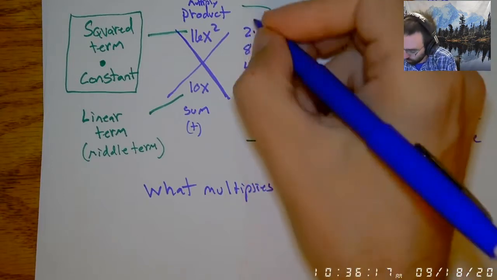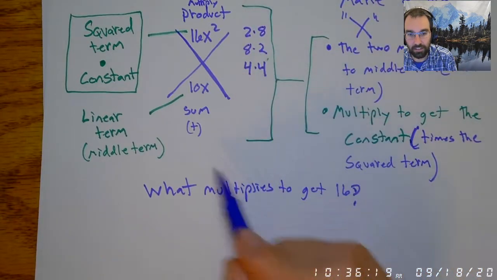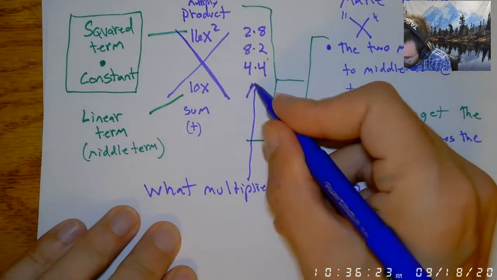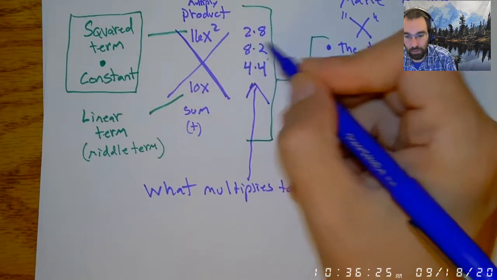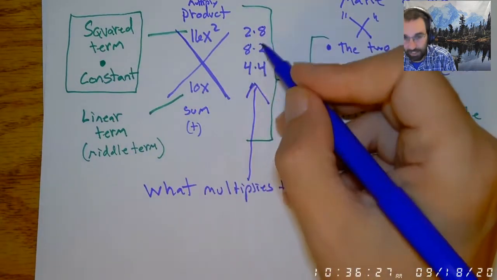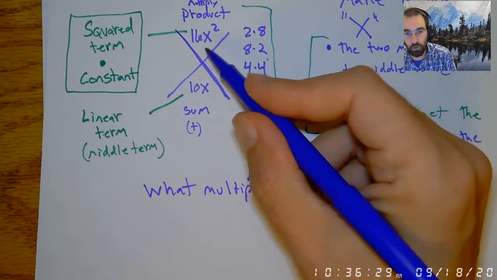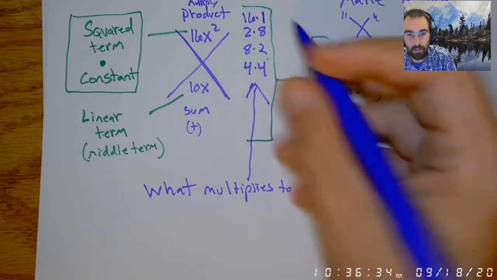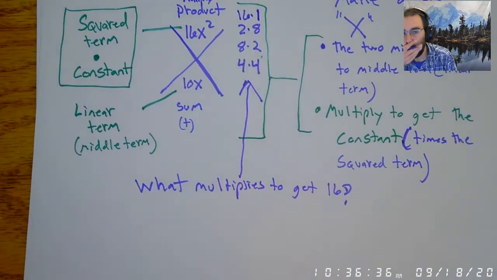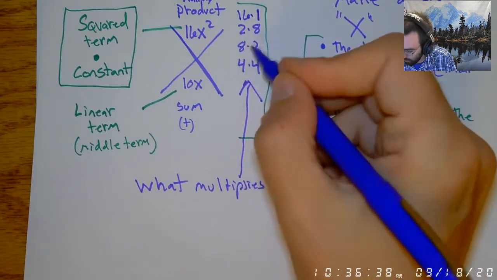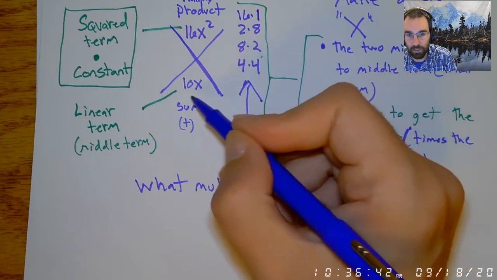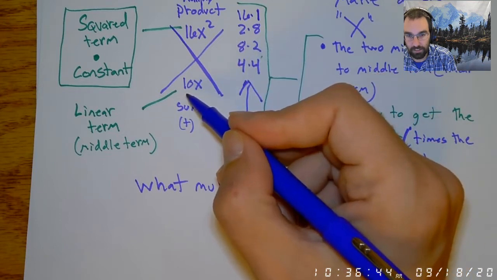Okay, so we've made a list of things that multiply to get to 16. So our answer can only be one of these. So we have things that multiply to get 16. What about 16 and 1? Right, 16 and 1? So we have all these different ways to get 16, but then only one of these is going to work because only one of them is going to add up to 10.